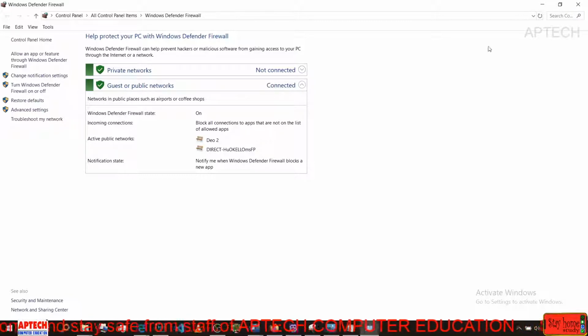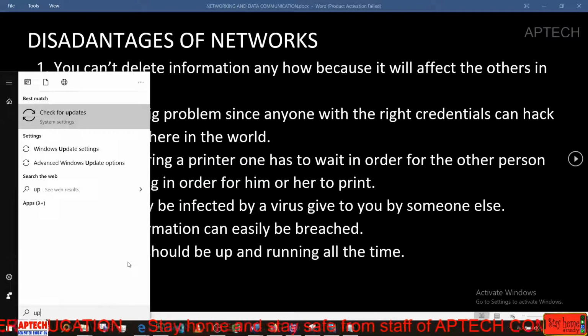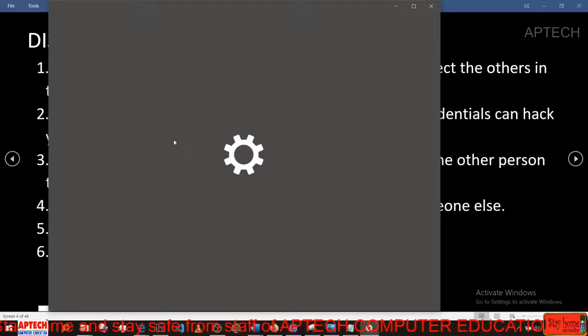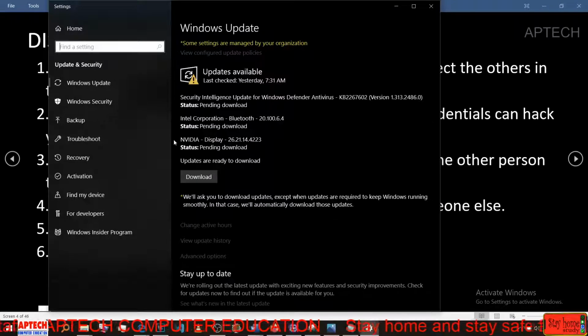So you have to make sure your firewall is on. And when was the last time you updated your laptop? Checking for updates. Those are things which you should do on a daily basis.